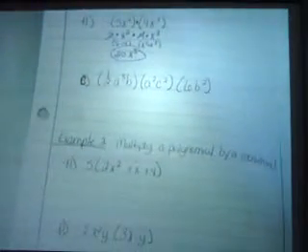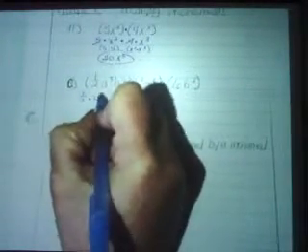Next problem is C. Again, I do not have addition, subtraction, or division. It is all straight multiplication. So I would break it apart to be 1/2 times a cubed times b times a squared times c squared times 6 times b squared.